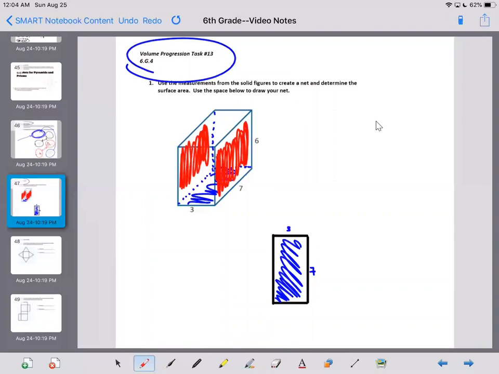So I need to draw this length, which would be a 6x7. And I need 2 of them.